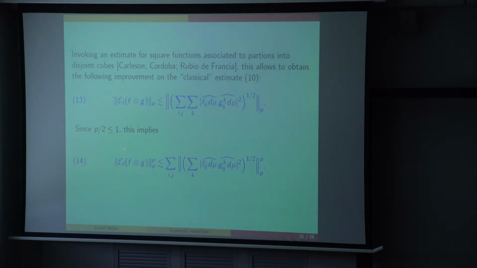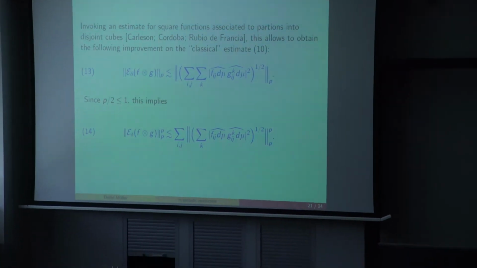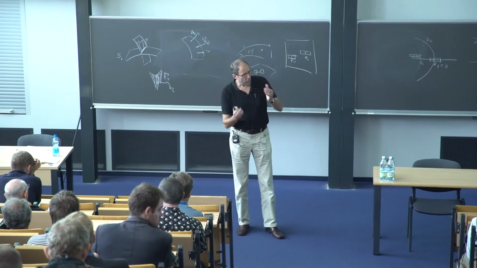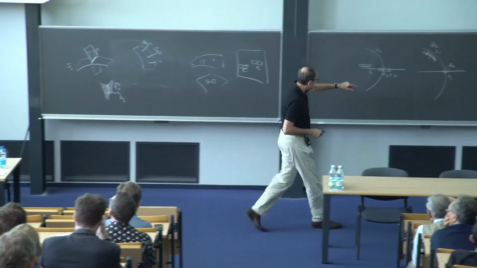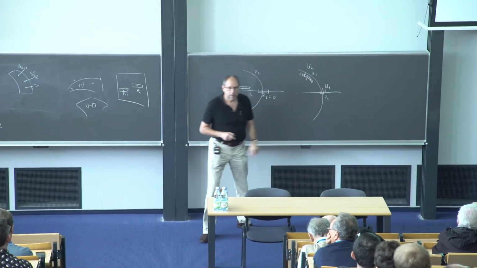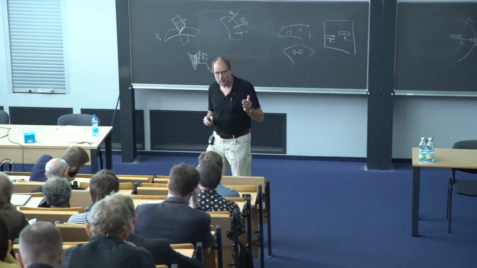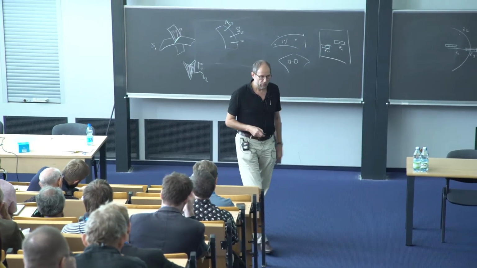And since our p is close to, let's say, 5/3, p/2 is less than 1, so it's a trivial estimate and you can group things together. The first sum over the k, you sum back these little boxes which make up one of the curved boxes, right? So k is a parameter which indicates where you are here. And so you first take the square function corresponding to these k's, and then you try to estimate the rest.